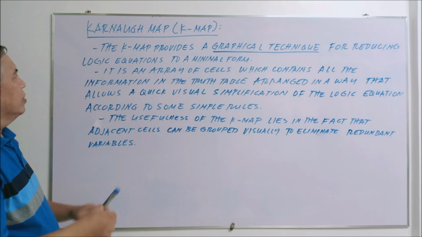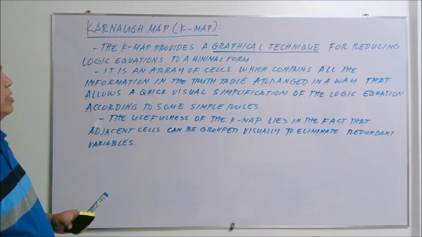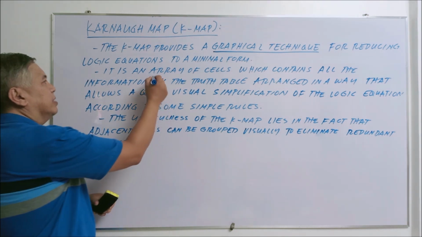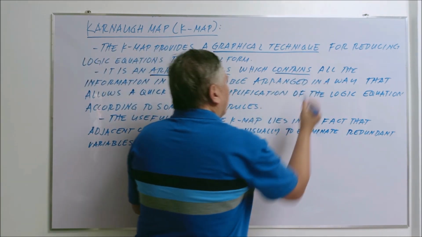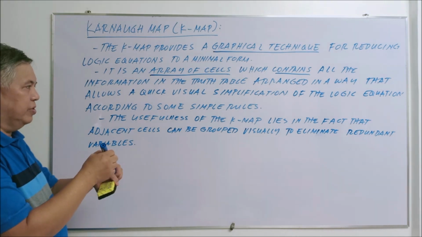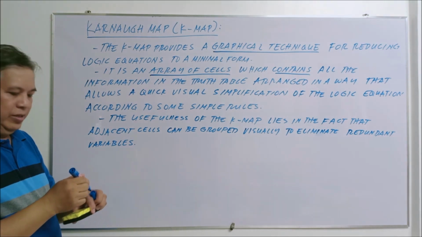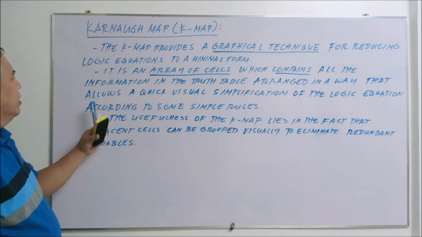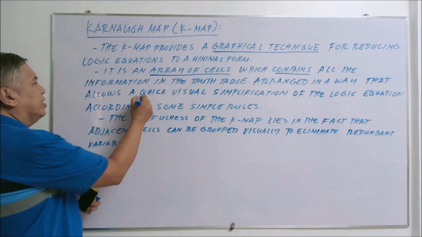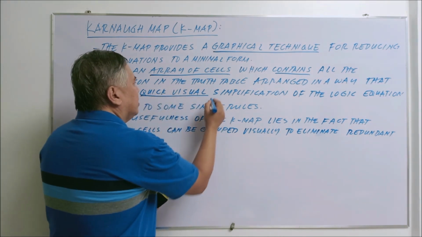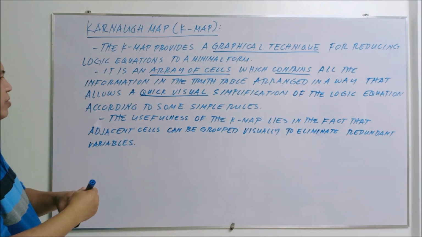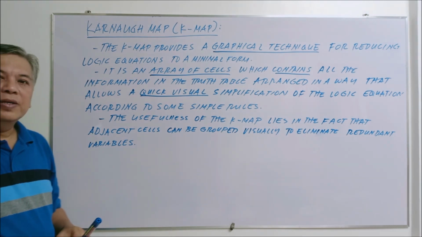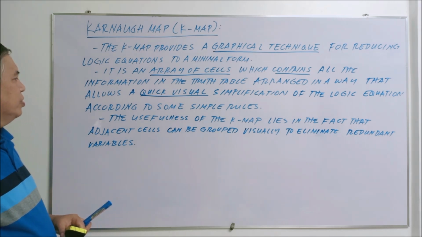Okay? So, a K-map is an array of cells which contains all the information in the truth table, arranged in a way that allows a quick visual simplification of the logic equation according to some very simple rules.